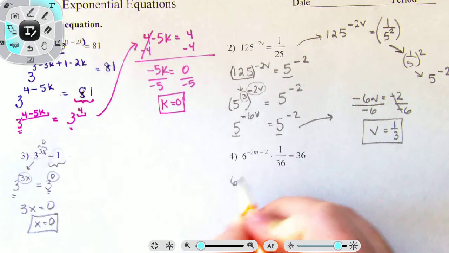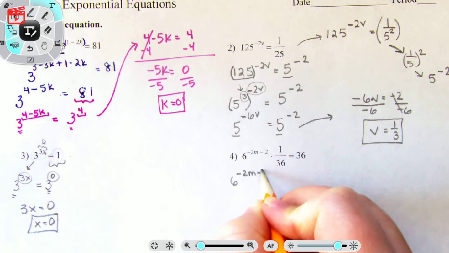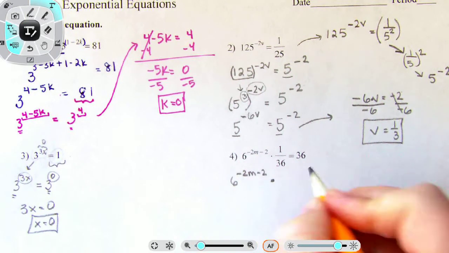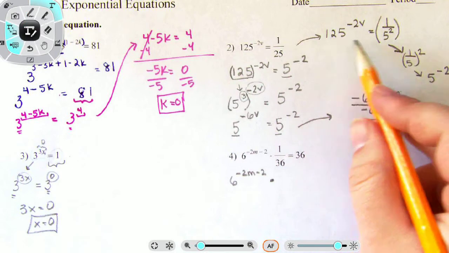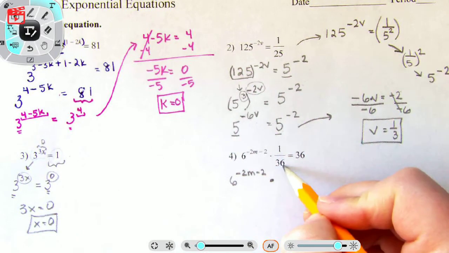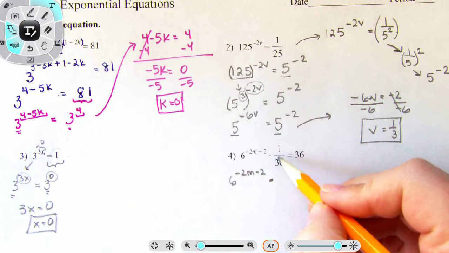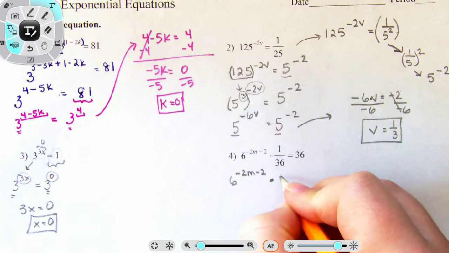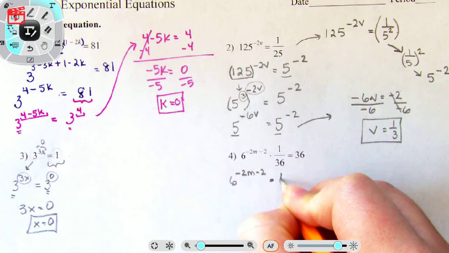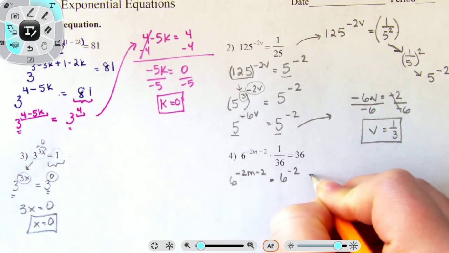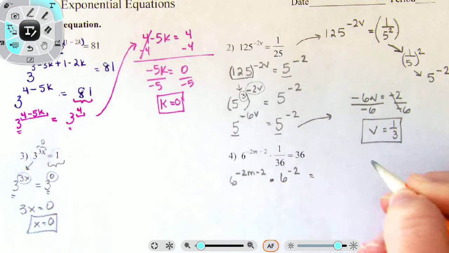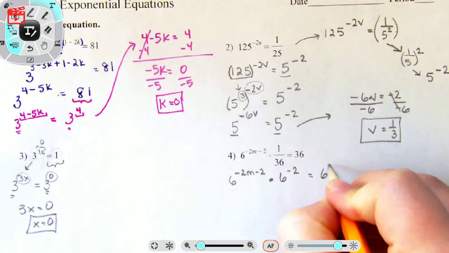So I have my 6 to the negative 2m minus 2 times, same method that we did here, except now instead of 5 squared, we're going to have 6 squared because 6 squared is 36. So I have 6 to the negative 2, and that's equal to 36, but I'm going to jump ahead and say 36 is 6 squared.